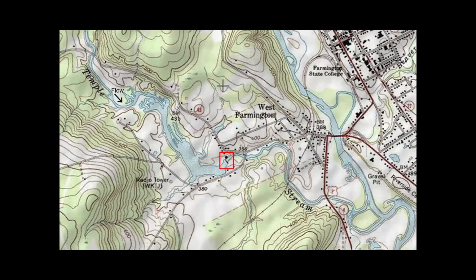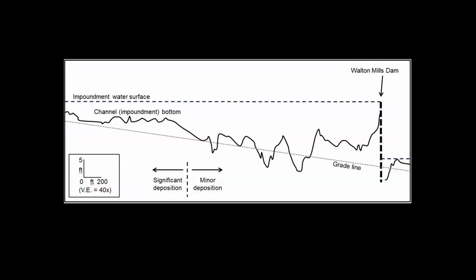Looking at a bathymetric profile below the impoundment water surface before the dam was removed, you could see that the impoundment sediment was actually accumulating at the upstream end of the impoundment. This is perhaps typical of long impoundments. The sediment is accumulating at the upstream end, not at the dam face, as was the case at the Merrimack Village Dam described earlier.